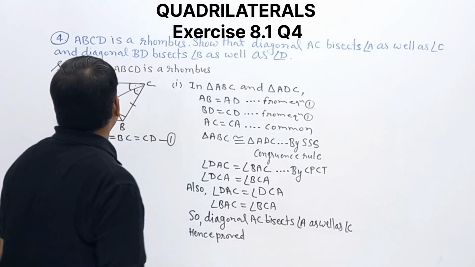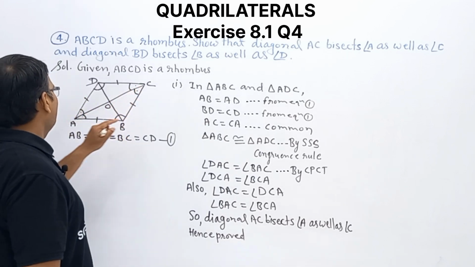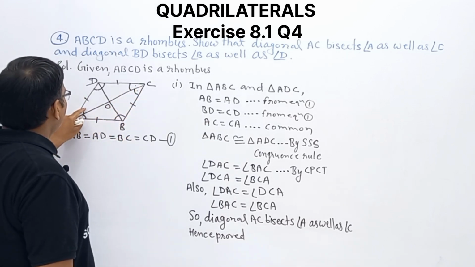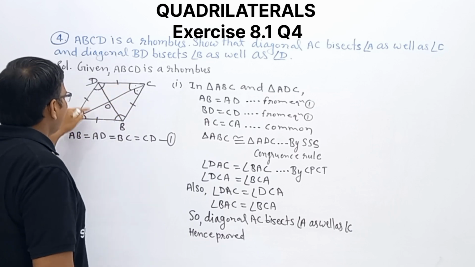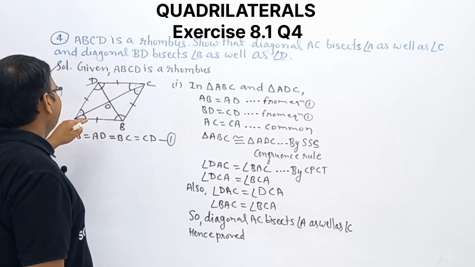Yes or no? This one equal to this one equal to this one, it means this AC diagonal is bisecting. Clear?